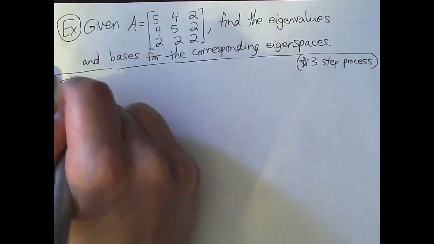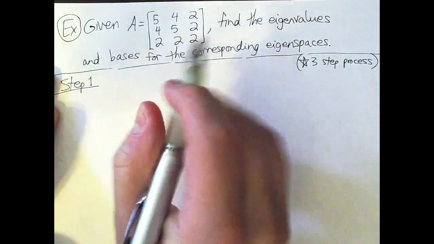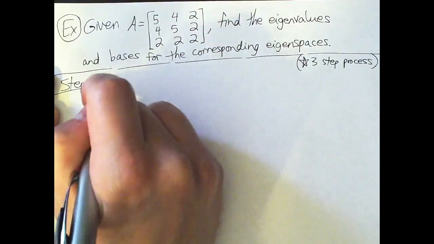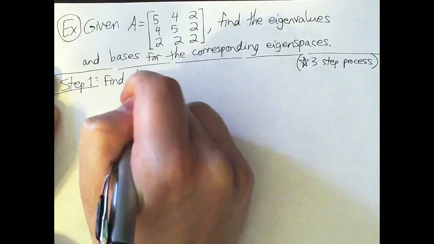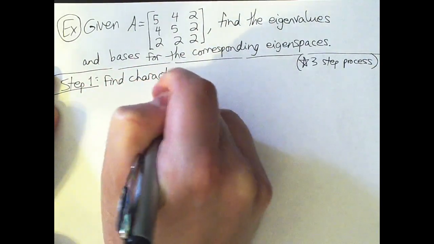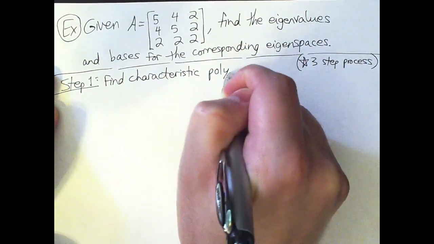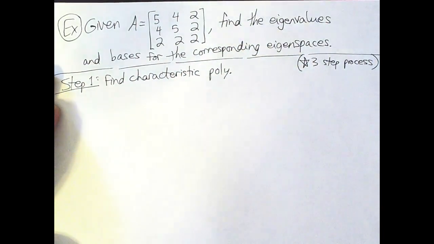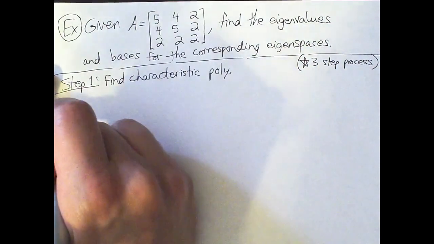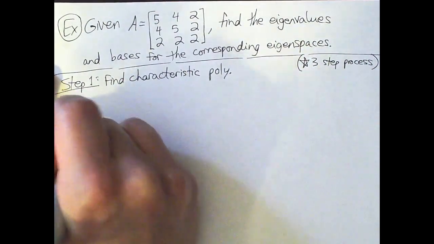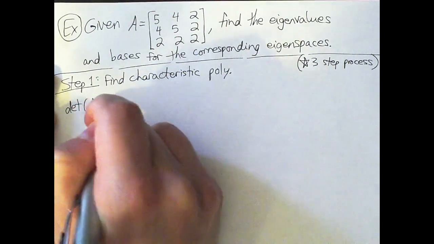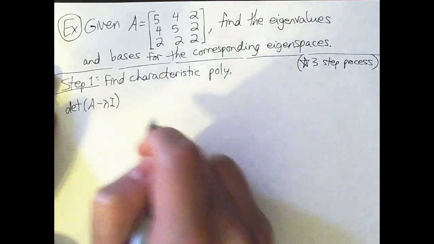Step one is going to be, let's find the characteristic polynomial. Before we can use it, we need to find what it is. So the determinant of A minus lambda I. Let's work on finding that.